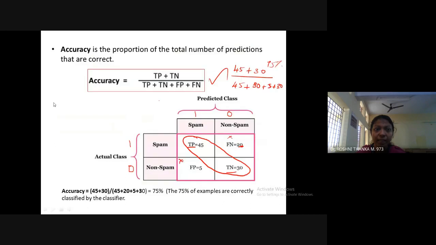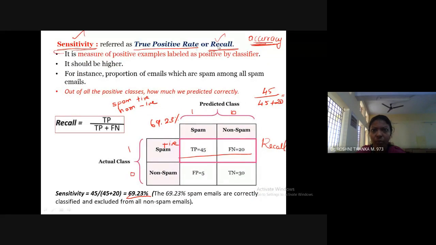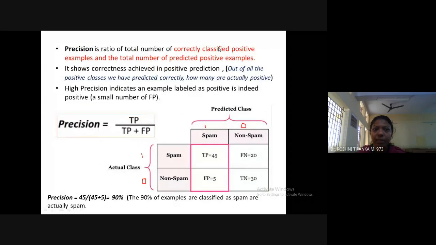Generally, whenever we go for a confusion matrix, you will see parameters like recall and precision. Usually you can see these two terminologies. So the next important measurement we will be using is precision. What does precision say? Here it is going to evaluate this part alone.